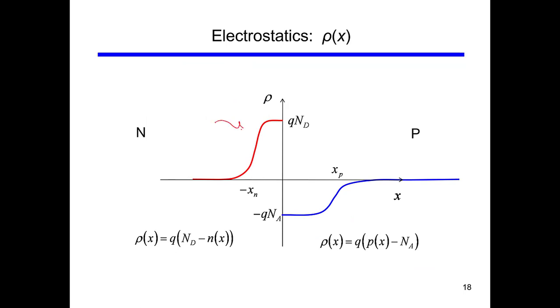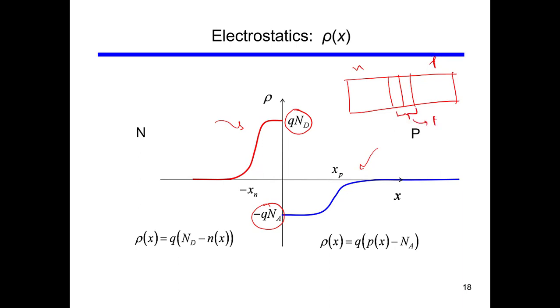So this is the space charge density on the n side, and this is the space charge density on the p side, and this is the donor concentration, and this is the acceptor concentration. If you look at the PN junction, if you remember, there was this depletion region.